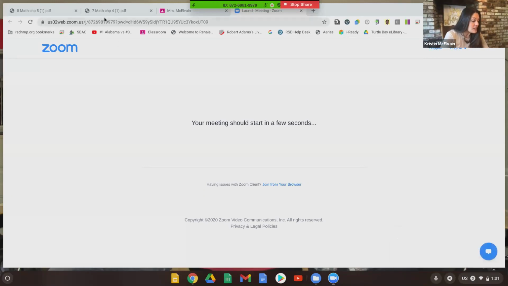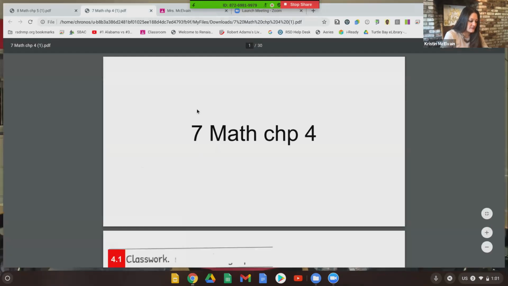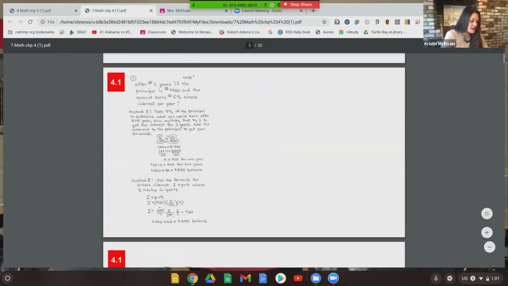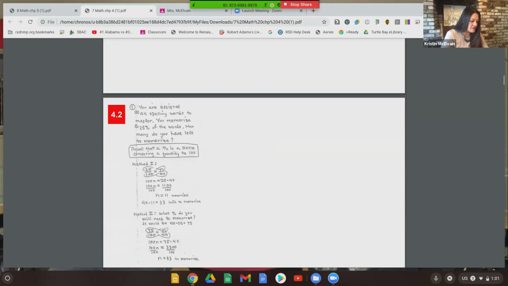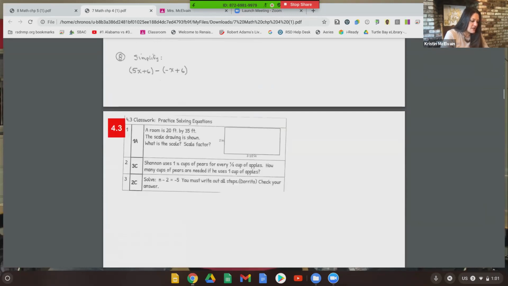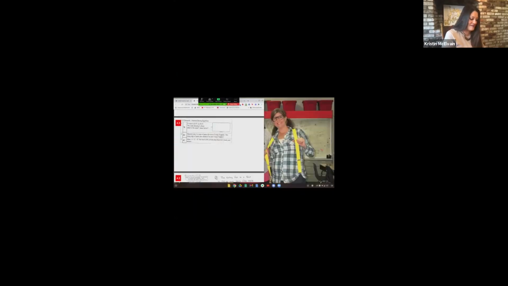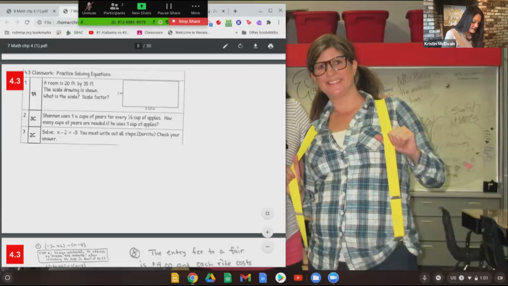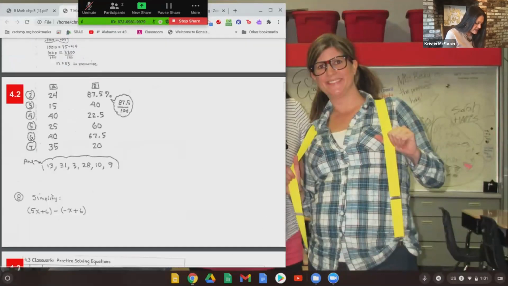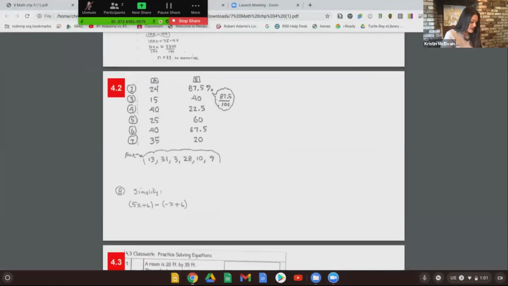So let's take a look here, math chapter 4, and we are on 4.3. There it is. I need to get my Chromebook all flipped around so I can write on the screen. There we go.